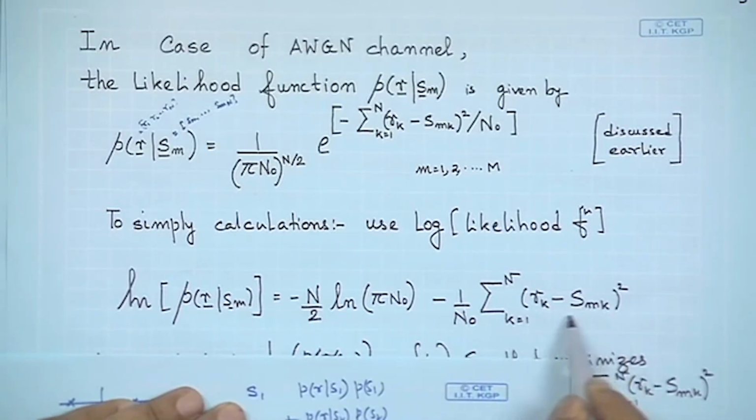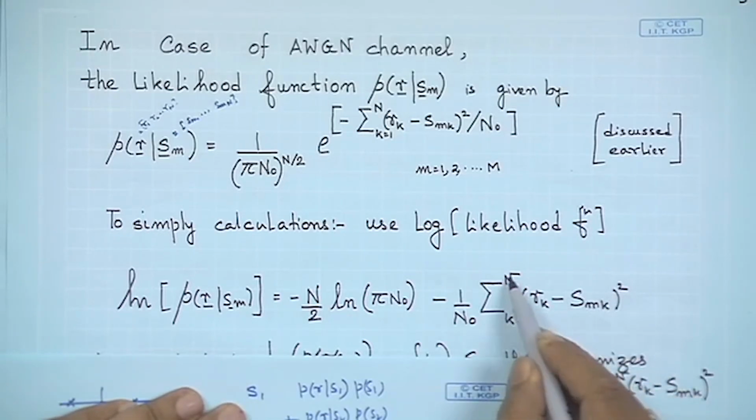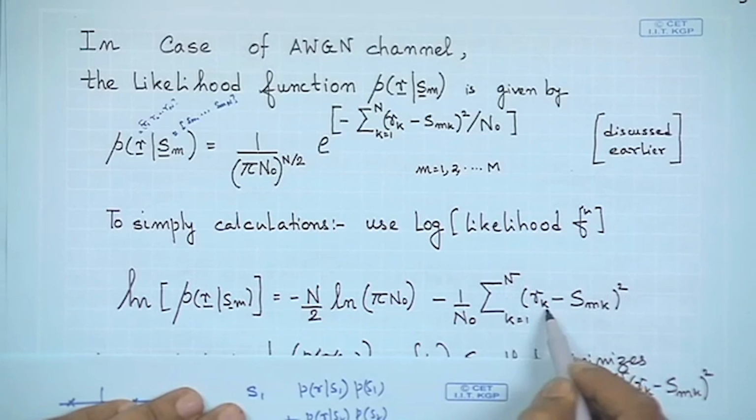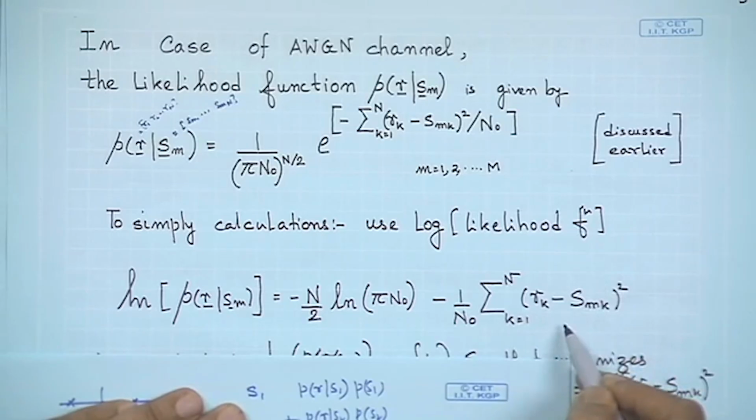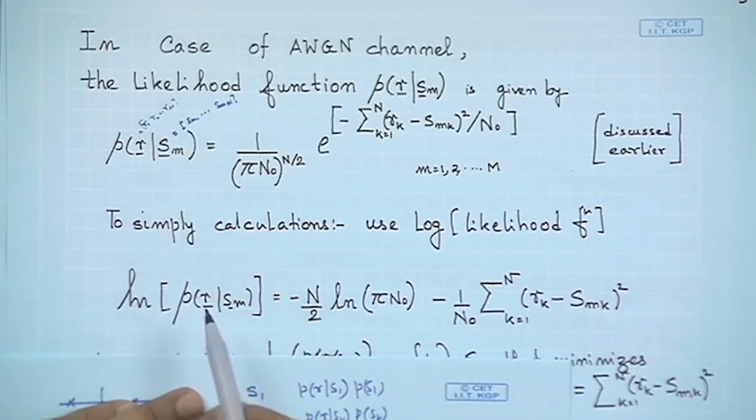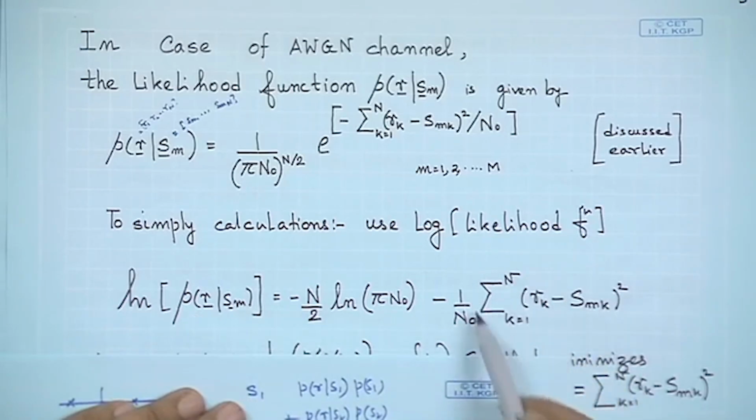Now, if you take a careful look at what this expression means, it is the component-wise difference squared and summed over all components. So, clearly it is the distance of the vector r from the vector Sm. If we want to maximize this, that is produced by minimization of this term, and minimization of this term is minimization of the distance of the vector r from the vector Sm.